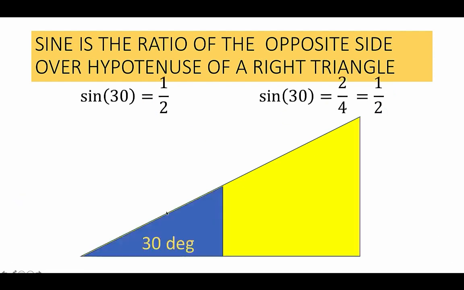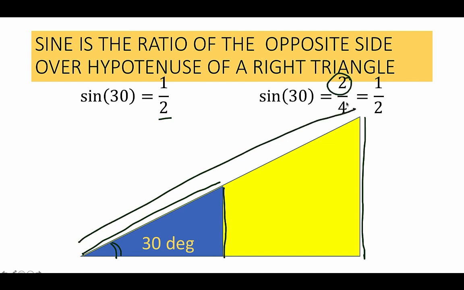We can think now of superimposing those two triangles to look like this. This blue triangle superimposed over the yellow triangle, but both of them have a measurement of 30 degrees for this angle. So this opposite side over the hypotenuse is the sine of 30 degrees, which is this 1/2. If we extend this side, this opposite side, which is 2 units, over this hypotenuse, which is 4 units, is also 1/2.